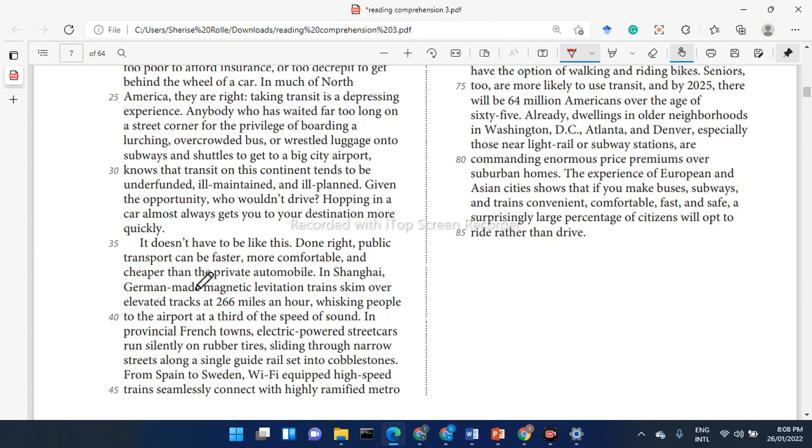In Shanghai, German-made magnetic levitation trains skim over elevated tracks at 266 miles an hour, whisking people to the airport at a third of the speed of sound. In provincial French towns, electric-powered streetcars glide silently on rubber tires through narrow streets alongside a single guide rail set into cobblestones.